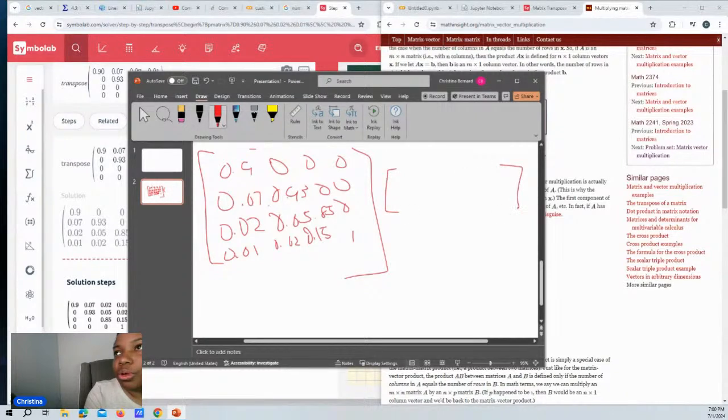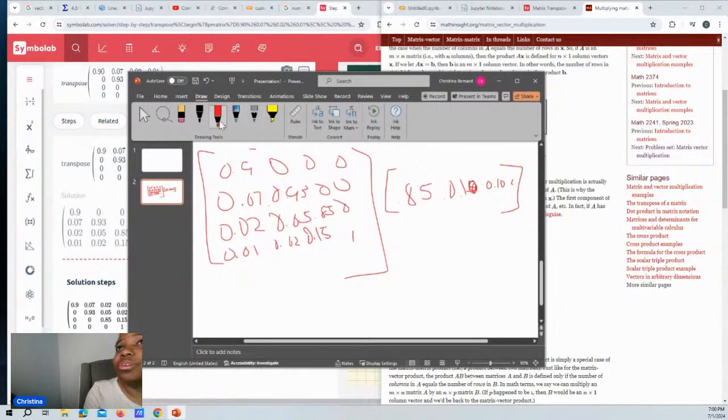when it's transposed. I kept thinking of it as a column, but it's actually 0.05, 0.15, 0.10. No, this is 0.0. Sorry, wrong numbers.